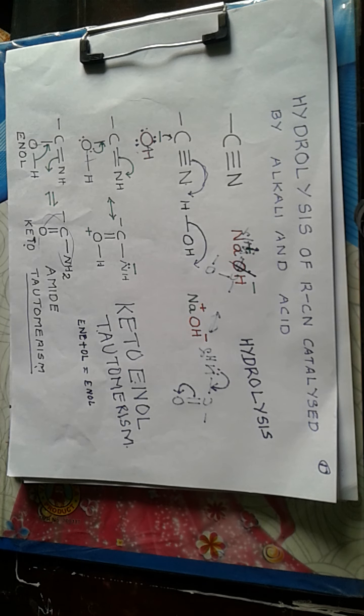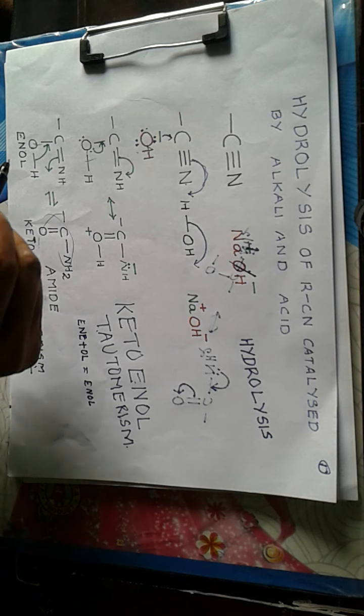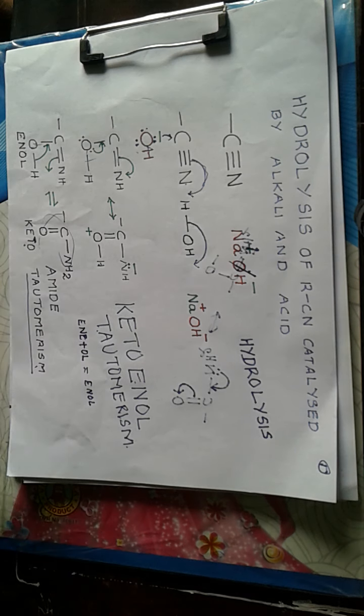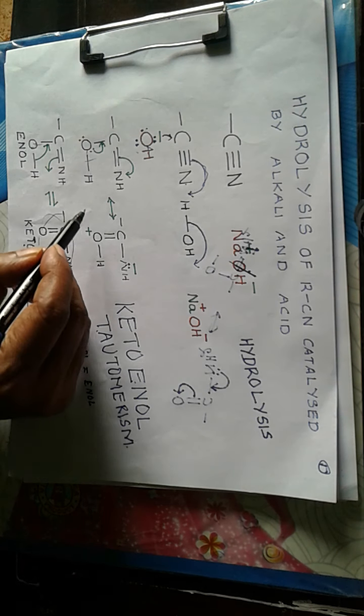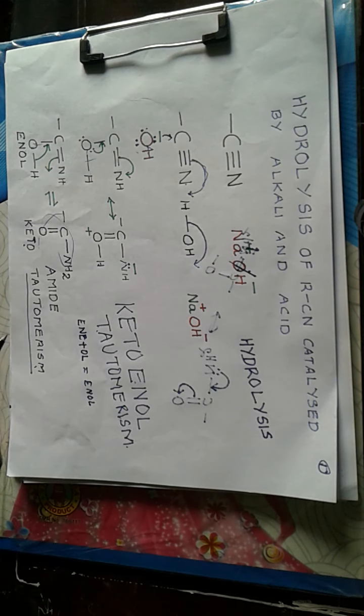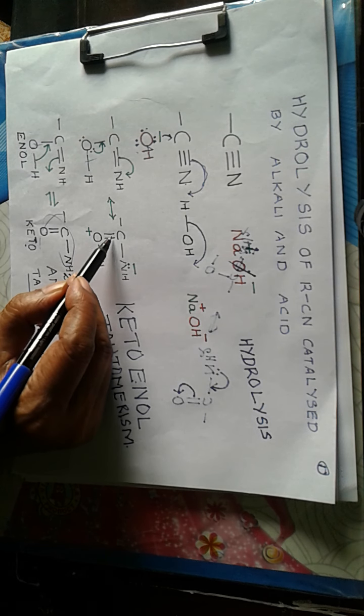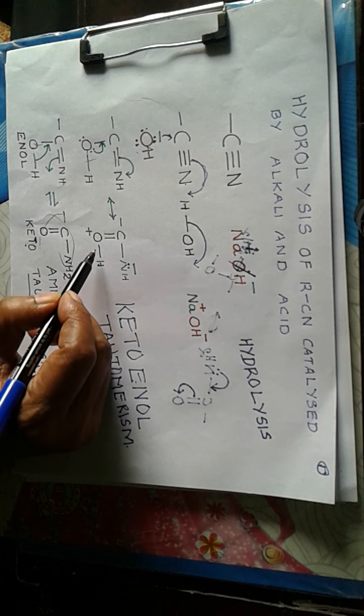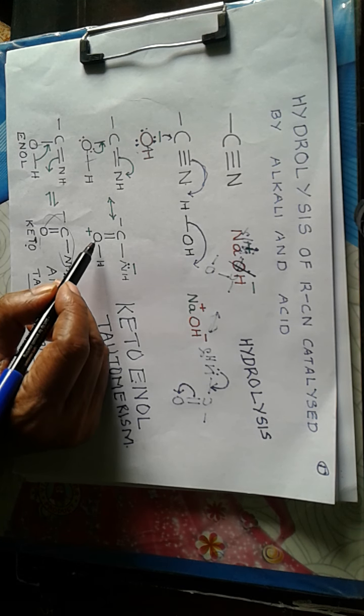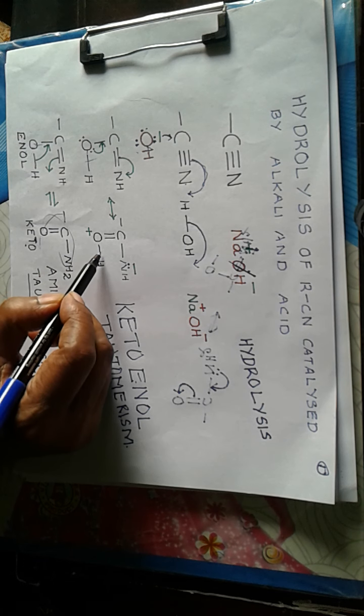Now enol has a tendency to undergo resonance like this, and then the tendency for a CO bond to become a double bond, with oxygen positive, will strongly pull the electron in the OH bond towards itself.